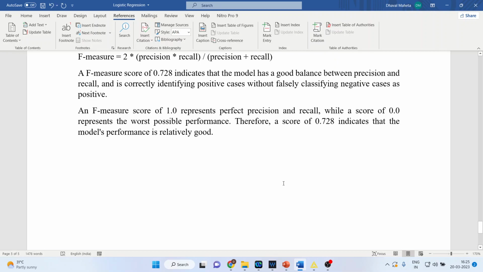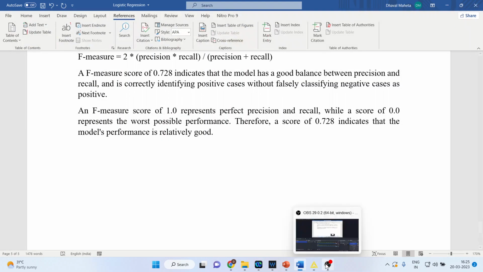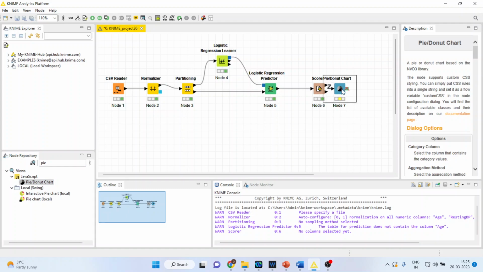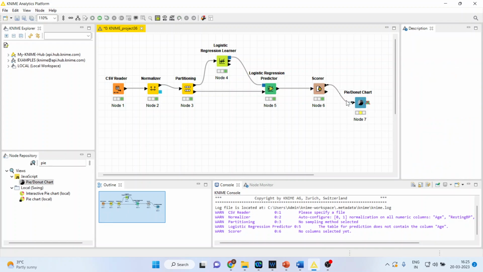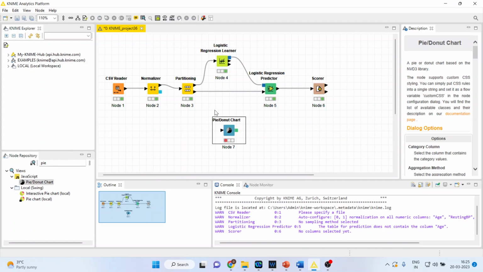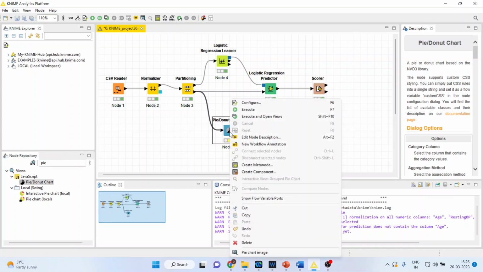Now, let us try to see this on the donut chart, how much classification accuracy we have achieved. Let me go back here and I'll activate pie chart from here. This will generate the donut chart without the model.